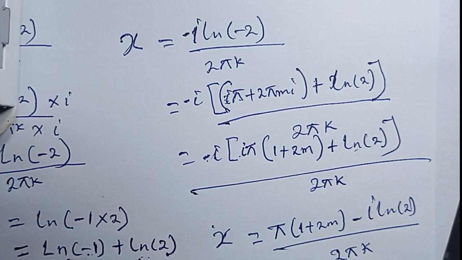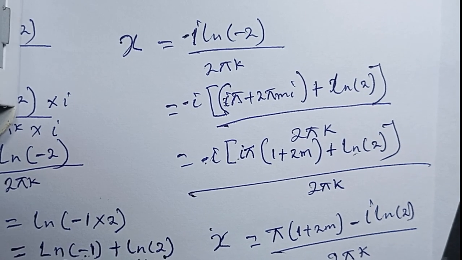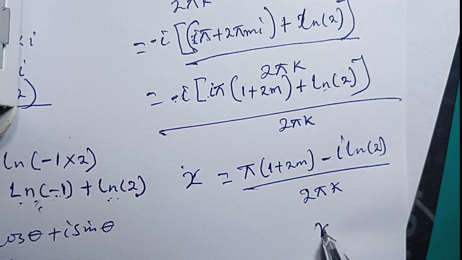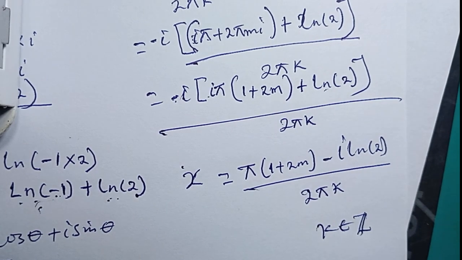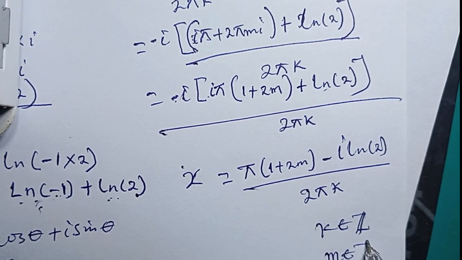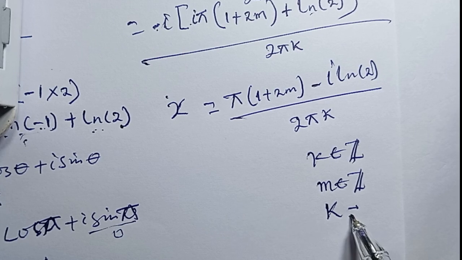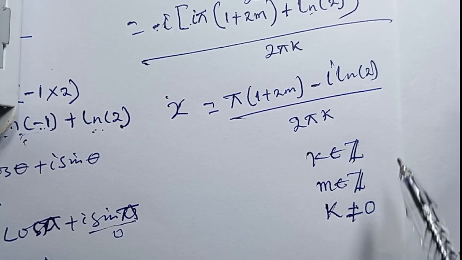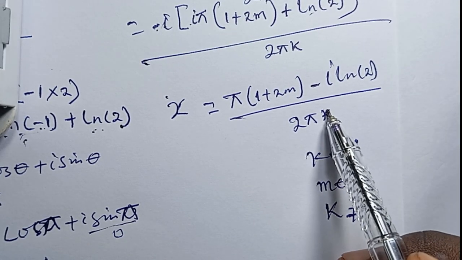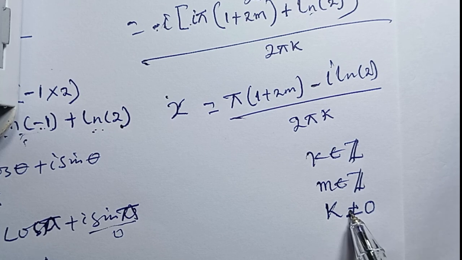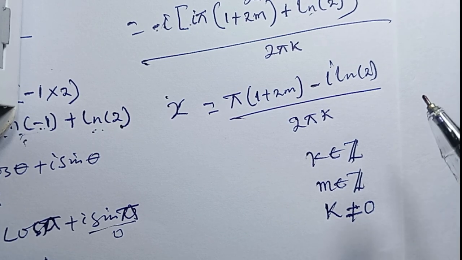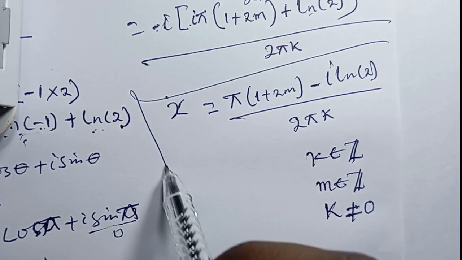So this is going to be true for all integer values of k, and then of course integer values of m, and of course our k is not equal to 0 because of this. If k becomes 0 here, there is a problem.